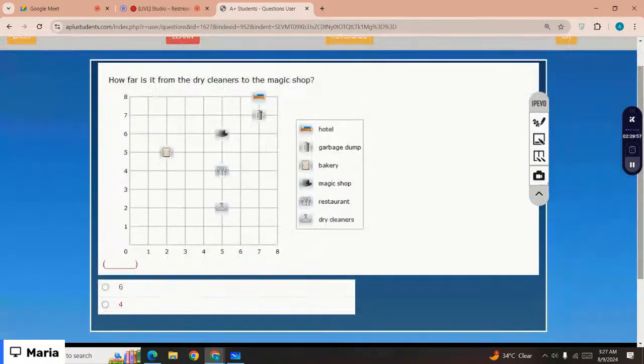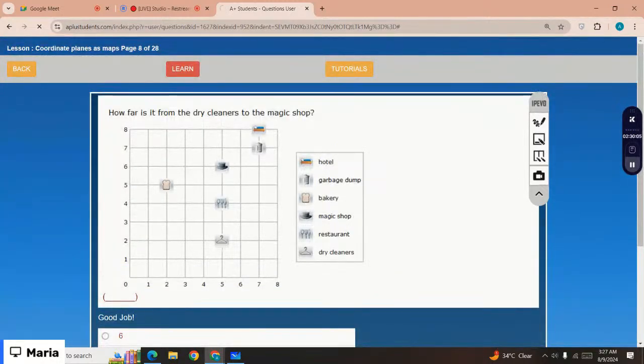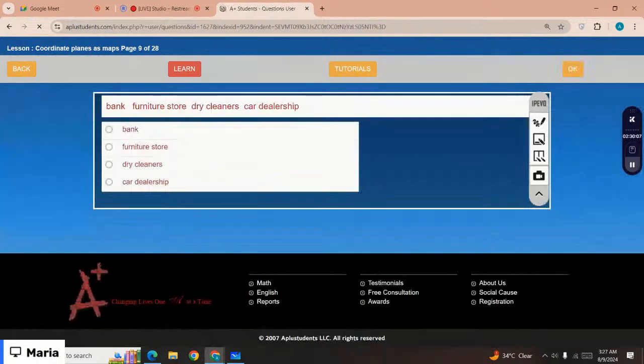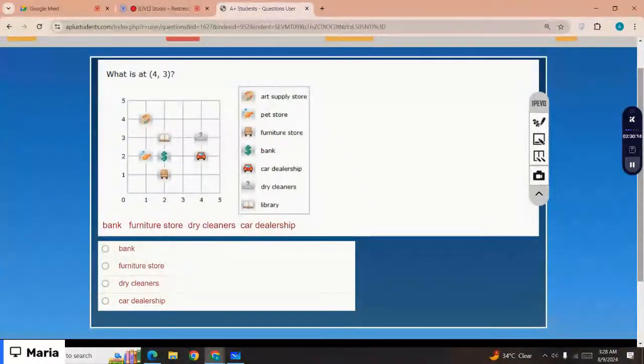The correct option is 4. That it's easy doesn't mean you're not answering. What is at 4, the correct option?